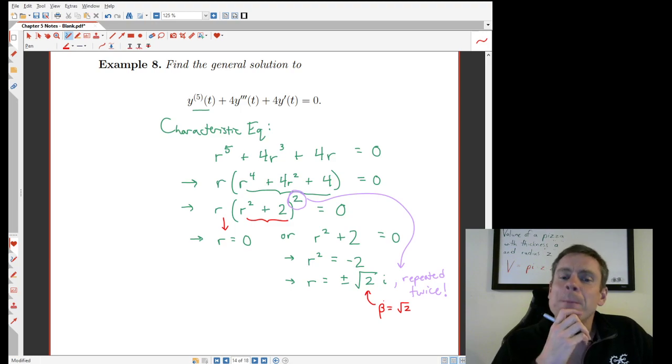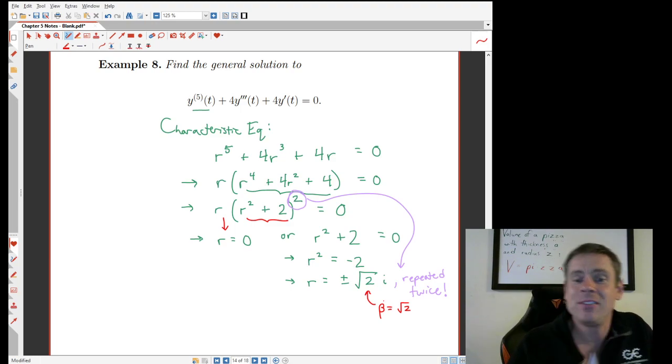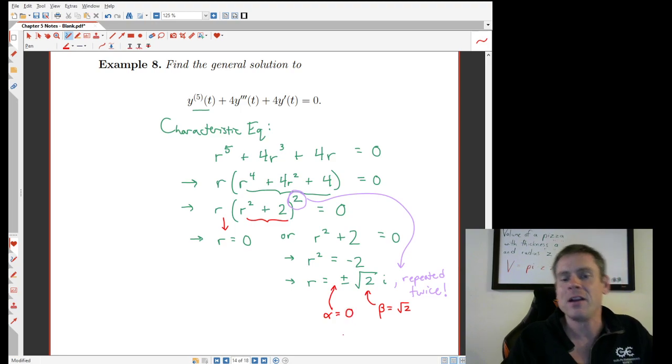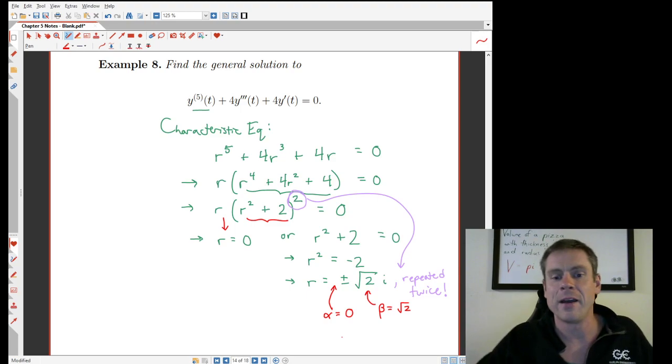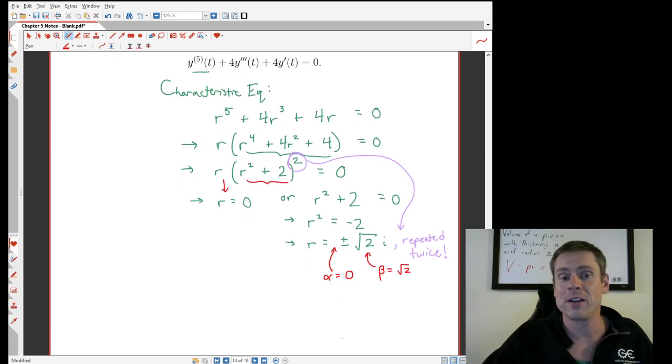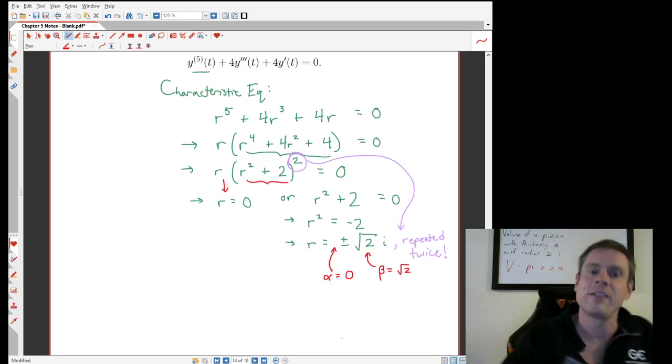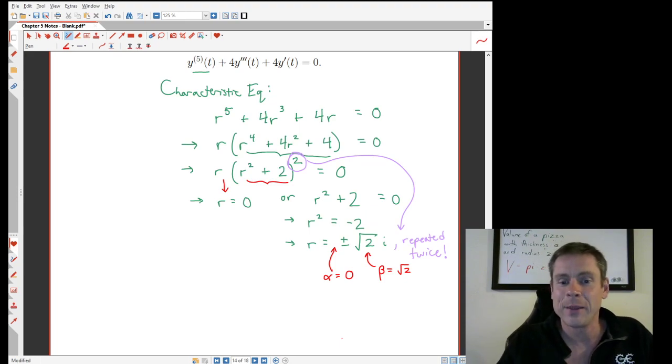There is no number in front of the plus or minus. So what would it be? It happens to be 0. So the alpha here is the real part of that complex pair, but it's 0. There is no real part. I have 0 plus or minus root 2 i. That happens quite often, and we're going to see a lot of examples with that. So I wanted to make sure that there was an example like that that we could see.